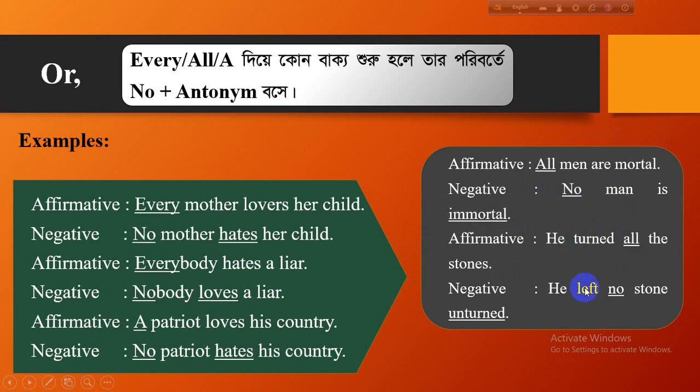So here, instead of turned, we use the negative word left. And instead of all, we use no. And after no, we can use an antonym. That means stone and turn. That will be unturned. So that's why here also we used no plus antonym.